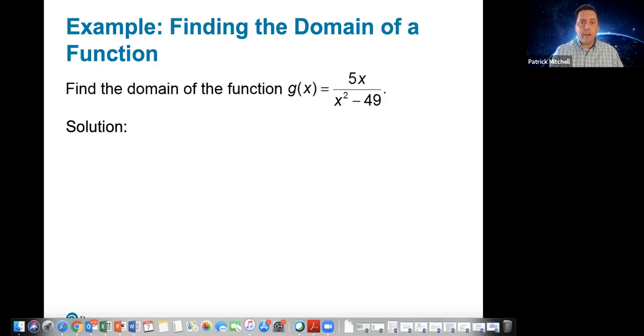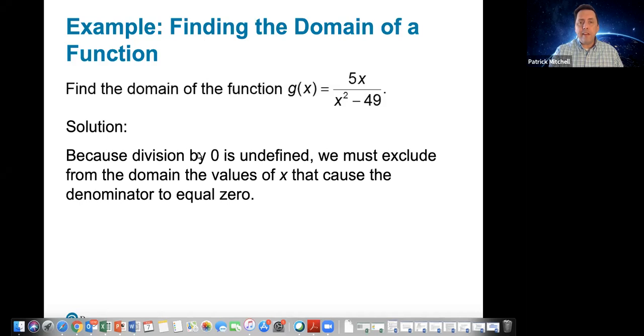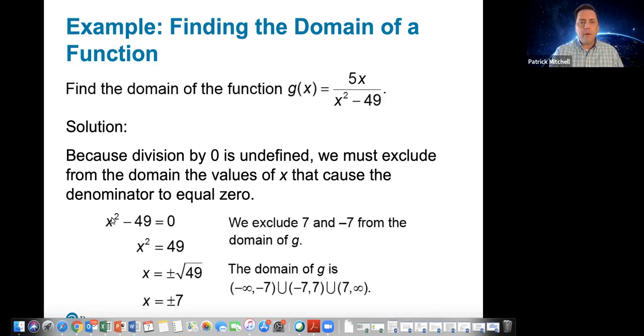Because division by 0 is undefined, we must exclude from the domain the values x that cause the denominator to equal 0. So the denominator is x squared minus 49. I'm going to set that equal to 0.